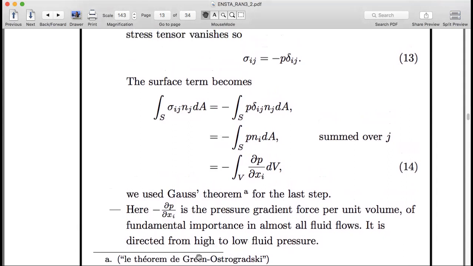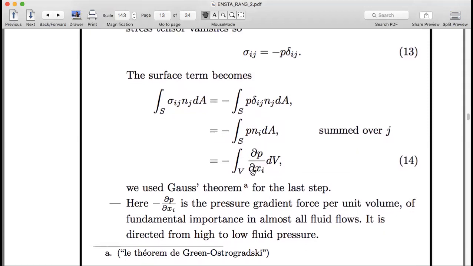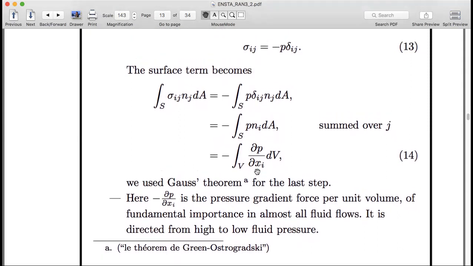Anyway, it's nice that they are named after people. You can't just call it the divergence theorem. When I learned it, it was also called the divergence theorem. I have to be careful, though, it's not divergence here, because it's a scalar. So maybe Gauss's theorem is better, or Green-Ostrogradsky.